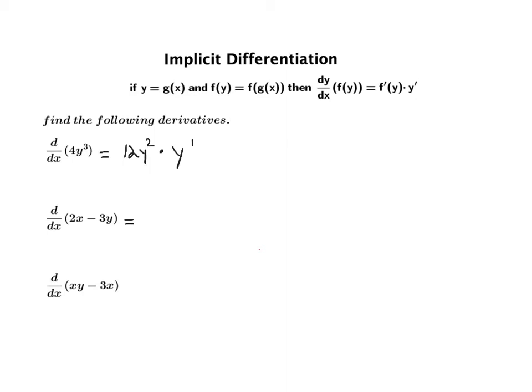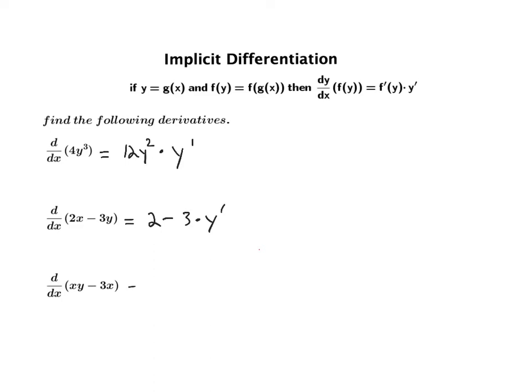Well, since we're finding the derivative with respect to x, the derivative of 2x is just 2. And then 3y, since y is a function of x, this is going to be 3, the derivative of the outer function, times y prime, the derivative of the inner function.